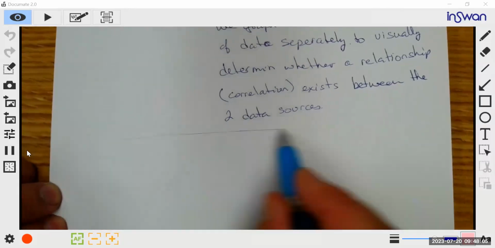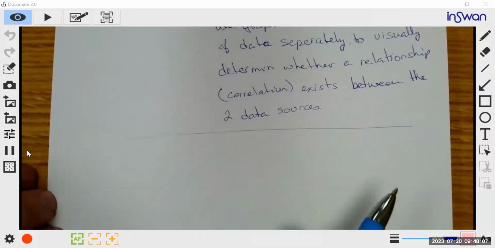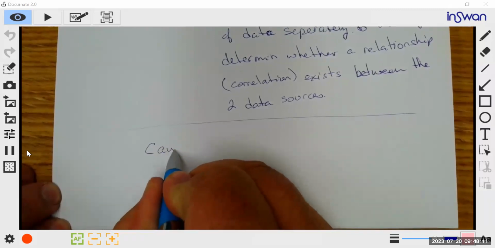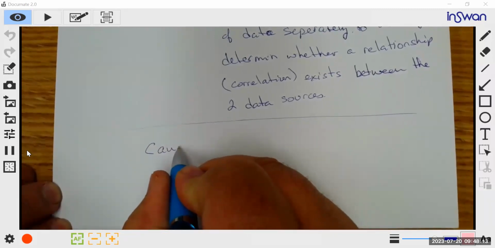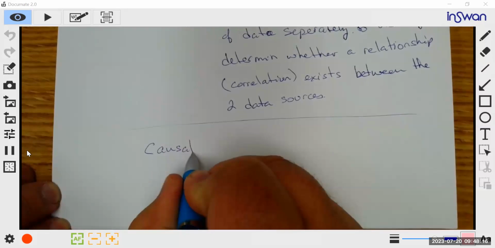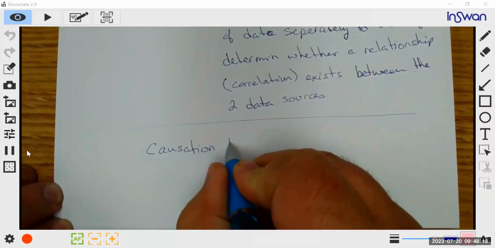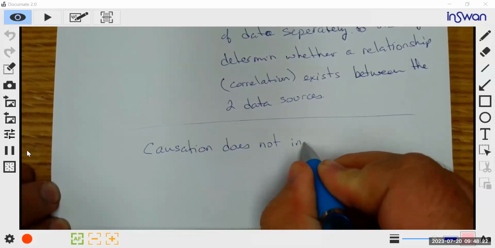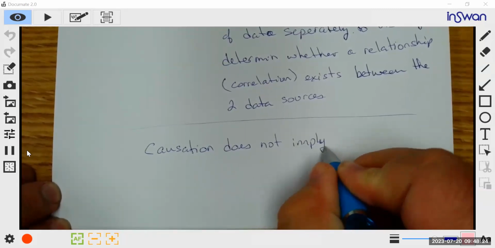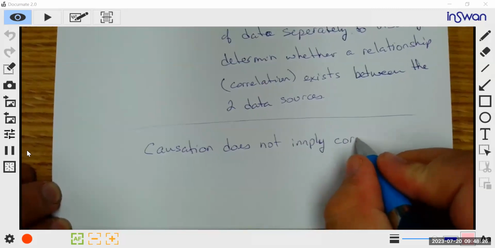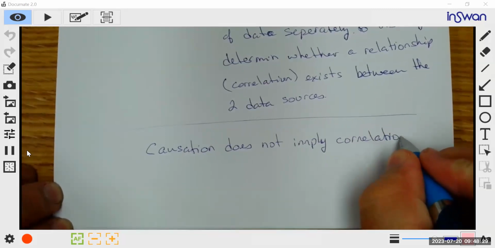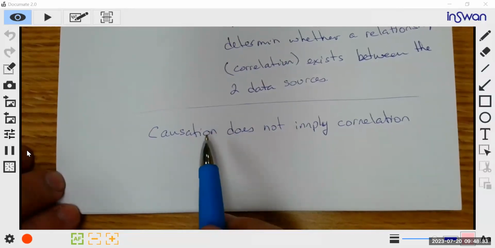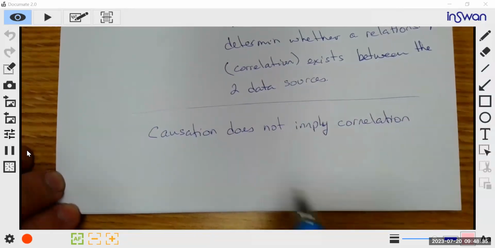Also, we said this last chapter, we'll say it again. Causation does not imply correlation. That's from chapter 1. Because the cause of something doesn't mean that there's a relationship.